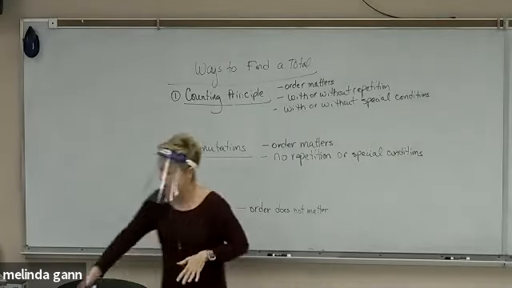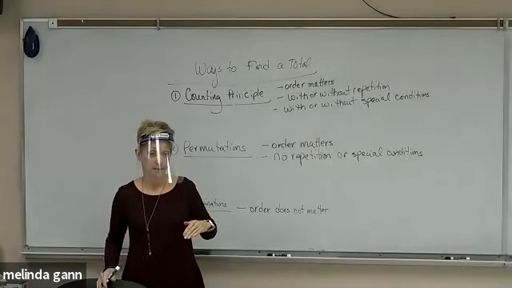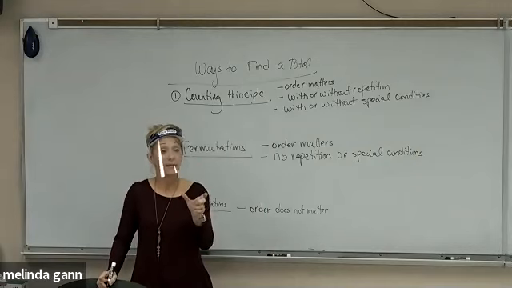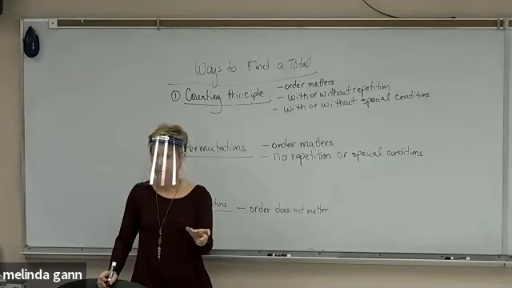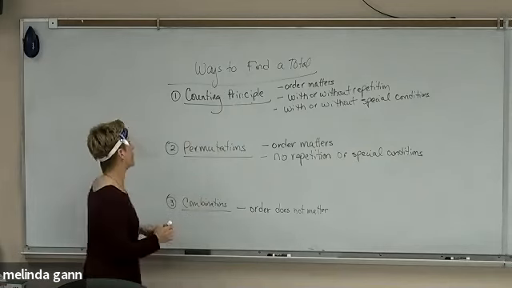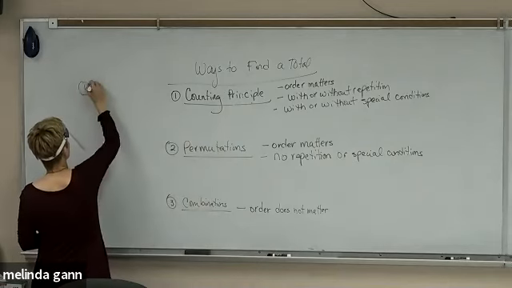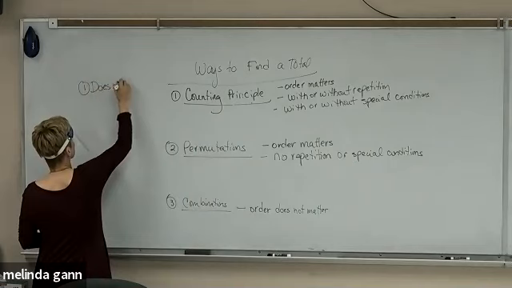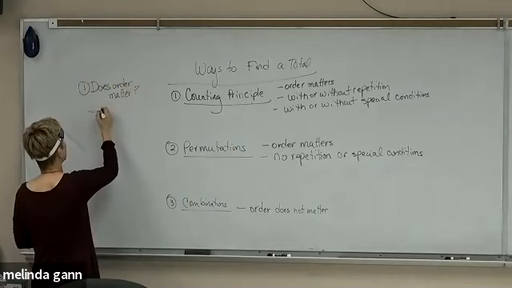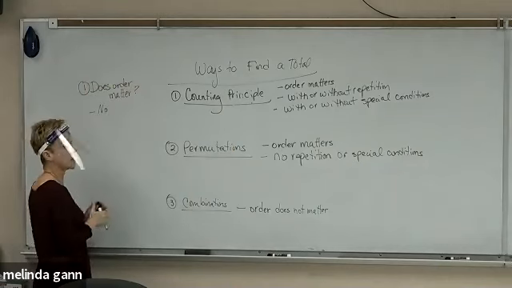So when you're doing your homework for tonight, most of the time, you're gonna be missing the bottom number. So you're gonna have to do one of these three things to get your total. The first thing you better ask yourself is, does order matter? What if the answer is no, order does not matter?